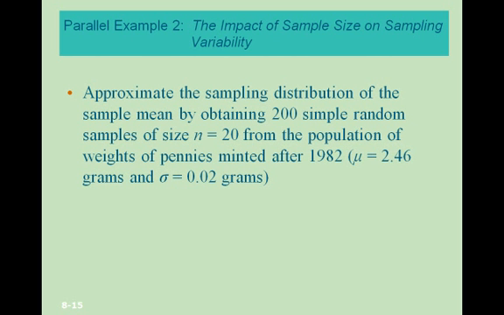We want to approximate the sampling distribution of the sample mean by obtaining 200 simple random samples of size n equal 20 this time from the population of weights of pennies minted after 1982. And remember that our population mean value was 2.46 and our population standard deviation value was 0.02 grams.